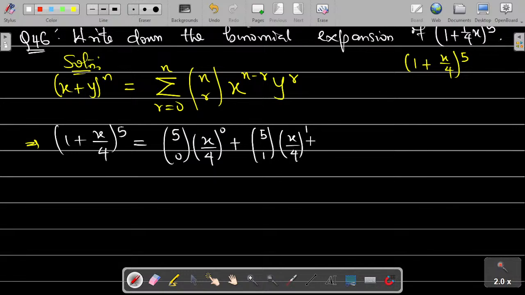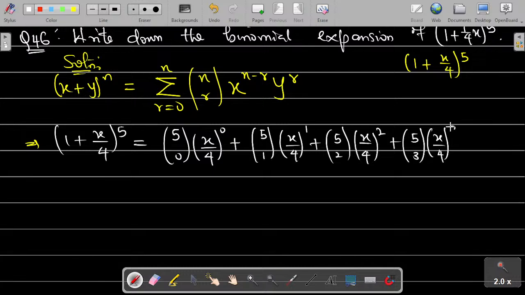So plus 5 combination 2, 1 to the power of 3, then x over 4 to the power of 2, plus 5 combination 3, 1 to the power of 2, then x over 4 to the power of 3.